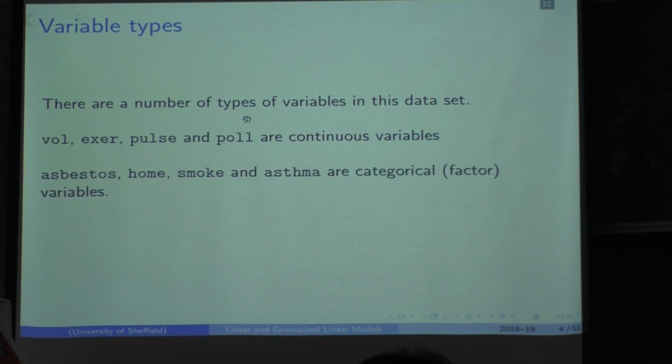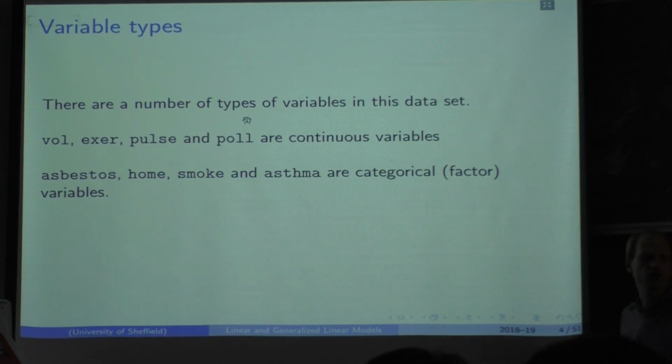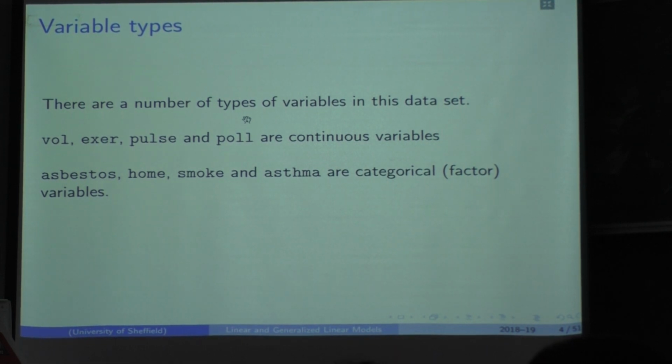The others are very different. The others are categories, or sets of categories, rather. So in 3 cases, asbestos, smoke, and asthma, it's simply yes or no. Does this apply or does it not apply? Okay? So for the smoking one, have they ever smoked?